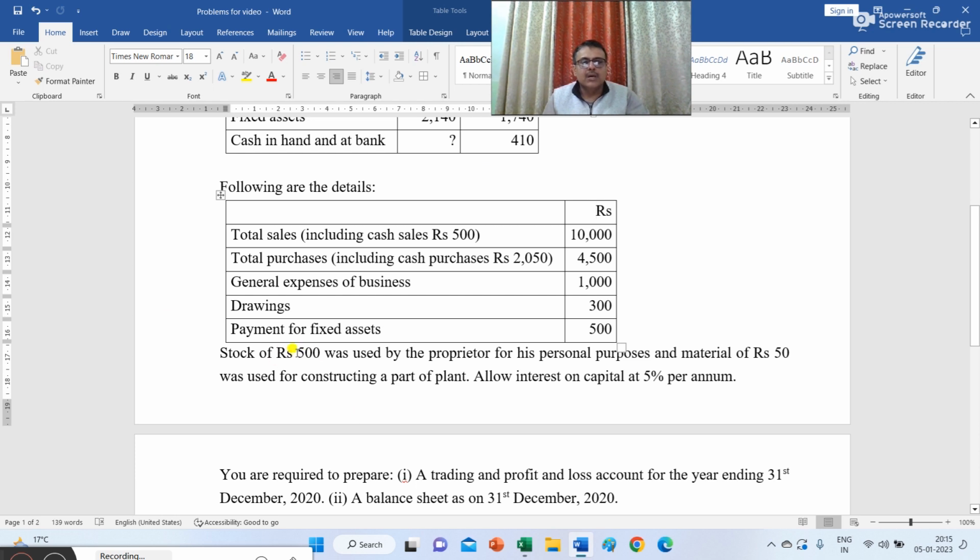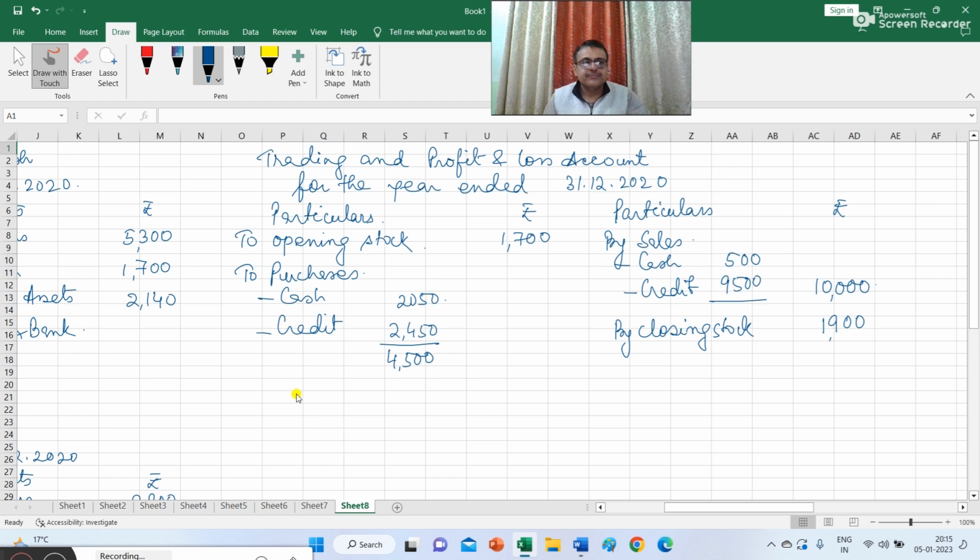One is the drawings made by the proprietor for rupees 500 and material of rupees 50 was used for constructing a plant. So for these 2 adjustments I will record it in the purchase, just after some time after posting the other figures. So in the inner column I have recorded 2 purchases. Cash purchase is 2,050 and the credit purchase is 2,450.